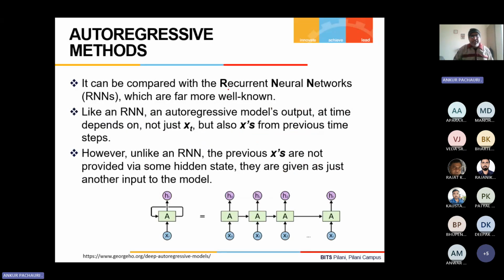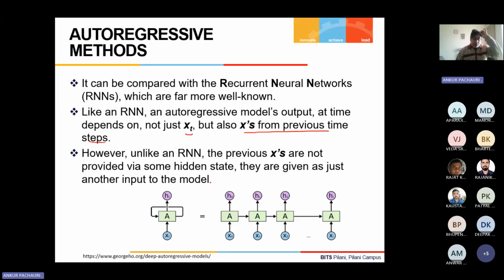It can be compared to the recurrent neural network RNN, which is far more well known. Like RNN, autoregressive model output at a time depends not just on X_t, but also on X from the previous time steps. However, unlike RNN, the previous X's are not provided by the same hidden node.